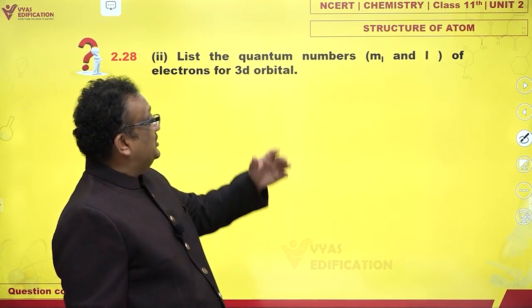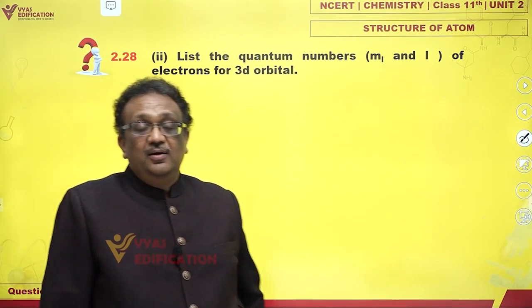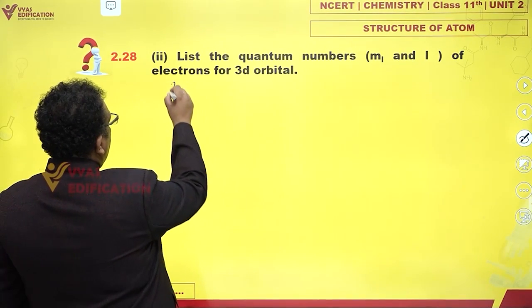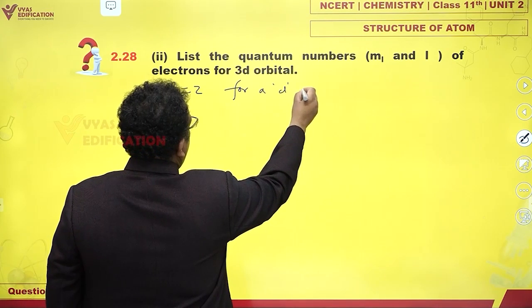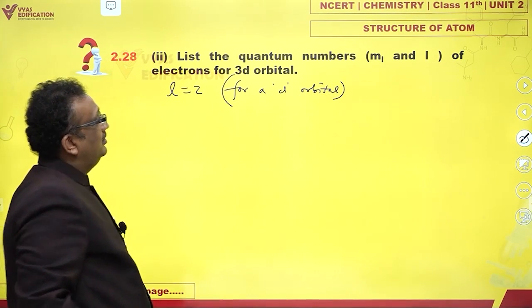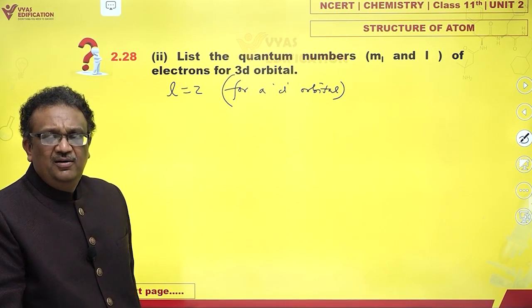List the quantum numbers ML and L of electrons for a 3D orbital. For a 3D orbital, L is equal to 2 for a D orbital. Now, 3D can have different orbitals.